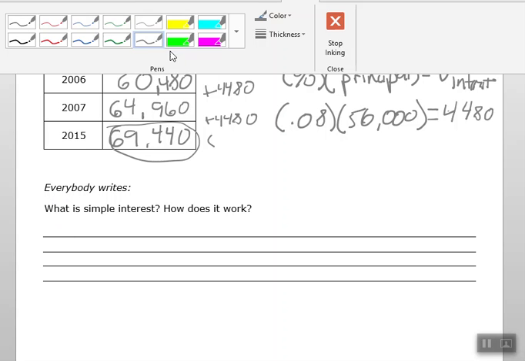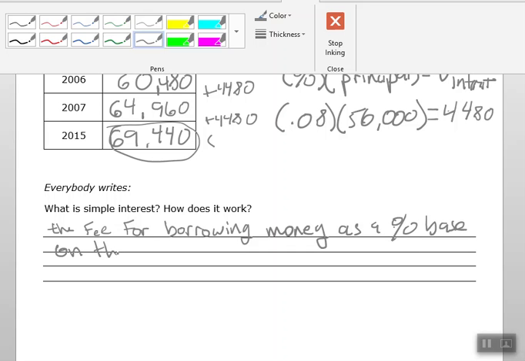Simple interest is the fee for borrowing money, which is a percentage based on the original loan or the principal. Well, let's move on and do a couple of these.